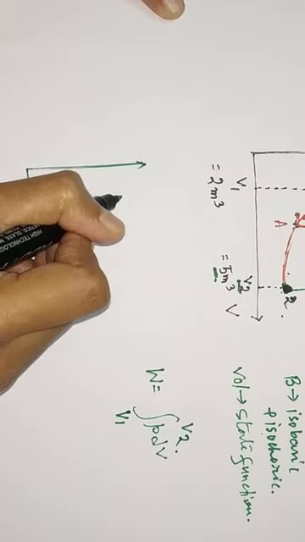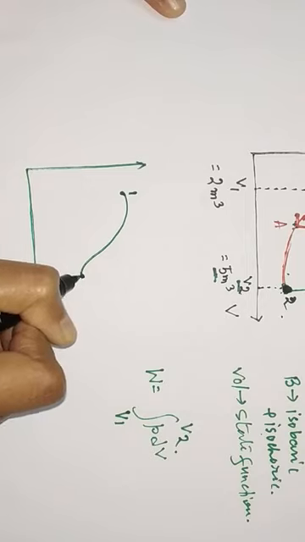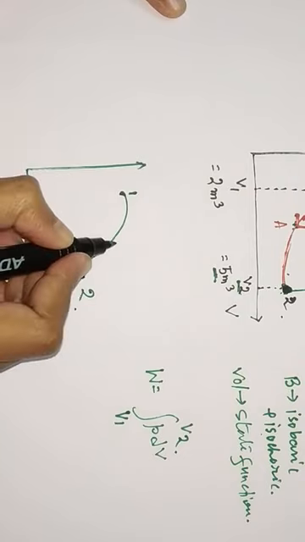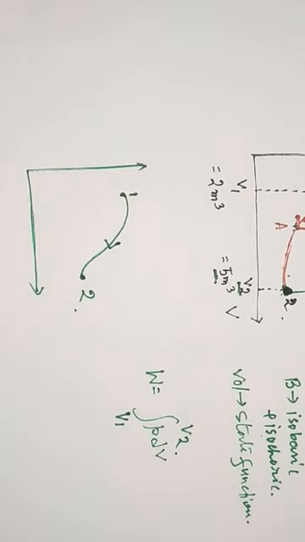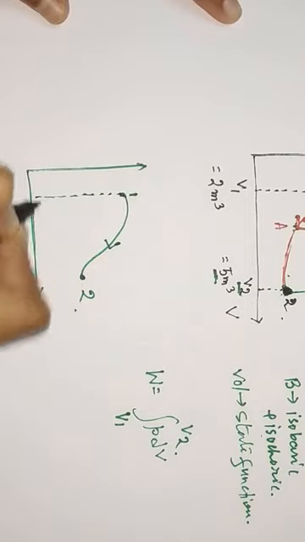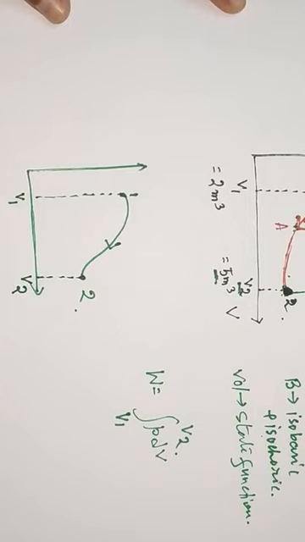Okay, so suppose this is state 1, and this is state 2. Suppose the system makes a transition from state 1 to state 2 by some process whose path looks like this. Initially the volume is V1 and the final volume is V2.